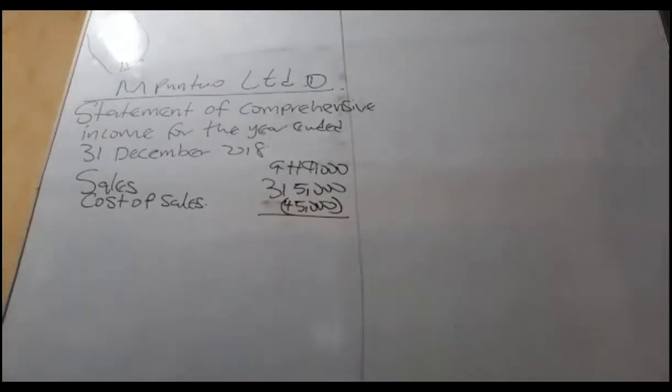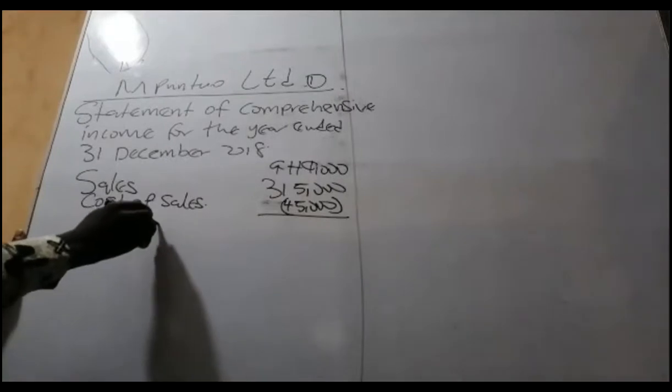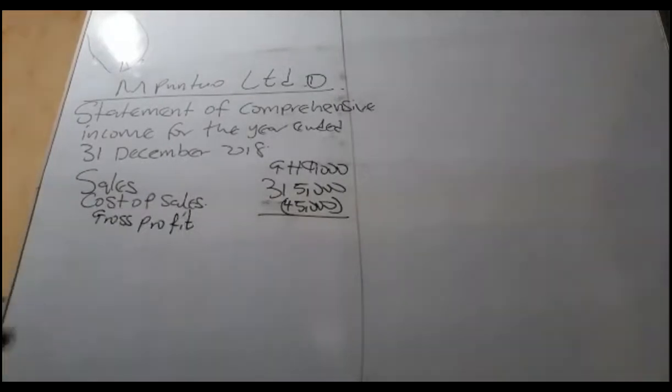Good. Now what will be the gross profit? That is the direct profit. The accounting term for the direct profit is called gross profit.